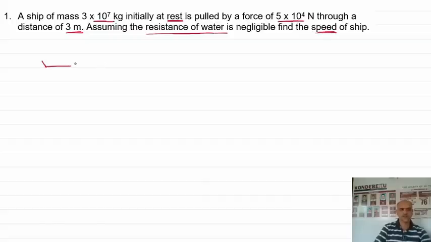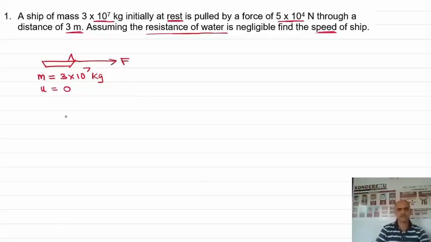Now, first there is a ship. Its mass he has given, so m is equal to 3 into 10 raised to 7 kg. Initially it is at rest, so u is equal to 0. It is being pulled by a force, so a force is applied to the ship.